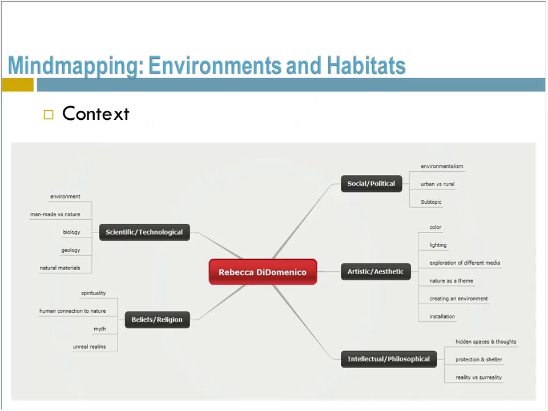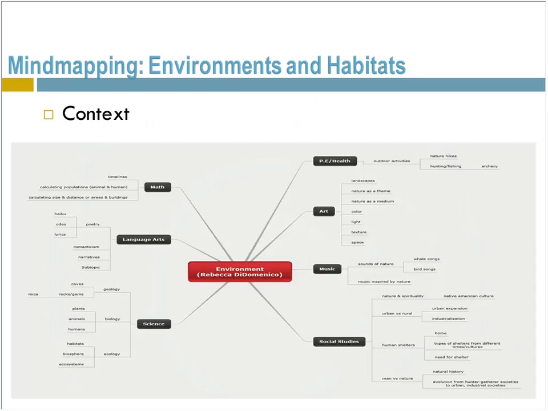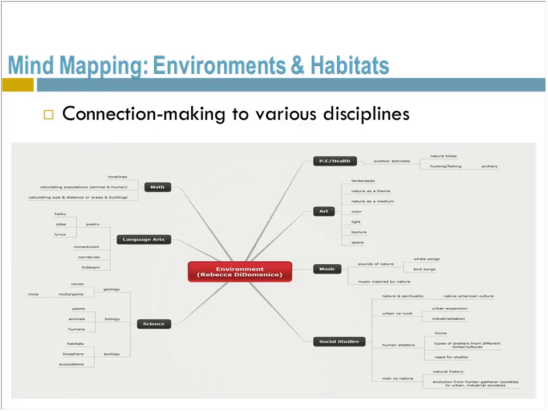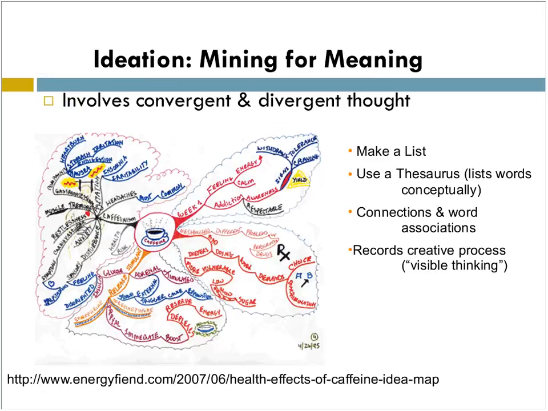Another example would be connection making to various disciplines. So wherever you start, in this case, we started with an artist, and she's an environmental awareness artist, looking at the connections to other disciplines as a way to get students to think about and think divergently. This one's just sort of a funny one about coffee, but it's surprising to me how difficult this can be for students at first, but then they end up really using it on their own.